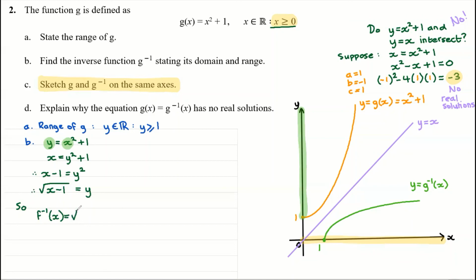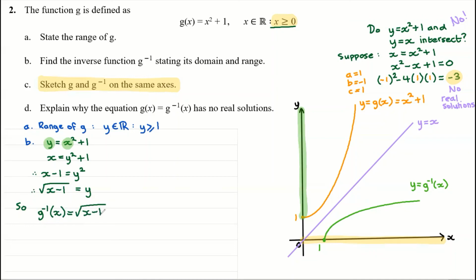Let's go, it's g, isn't it? Let's do this properly. Don't want it to be wrong. Okay, sorry about that. So g to the minus 1 of x is simply going to equal the square root of x subtract 1.